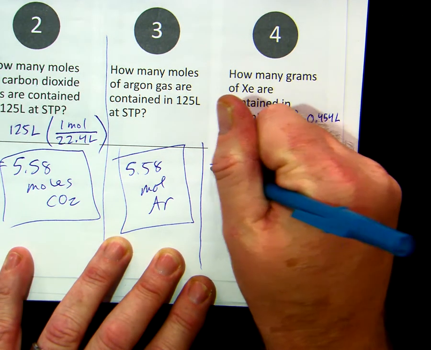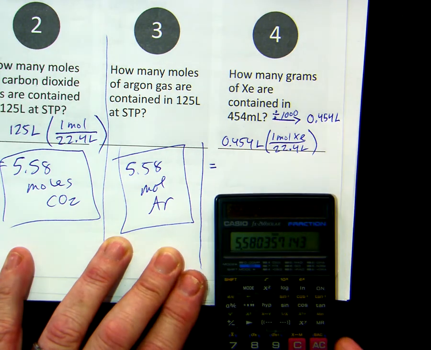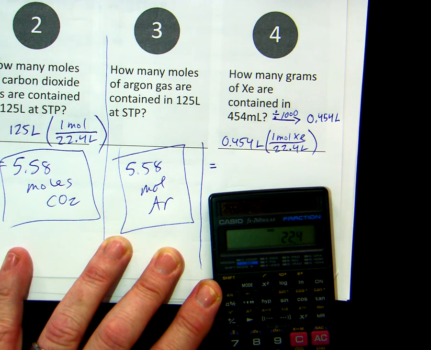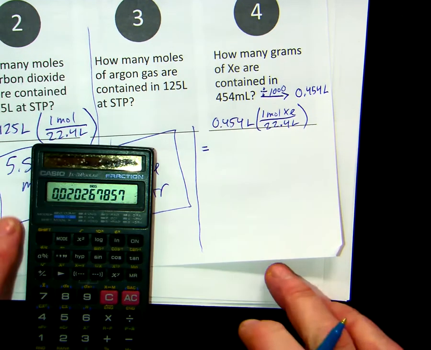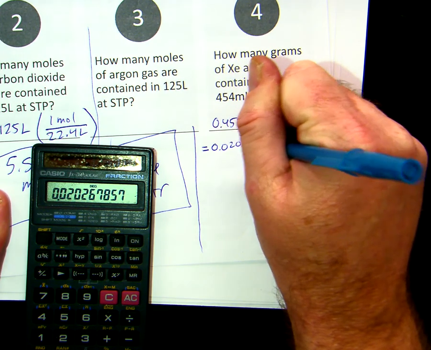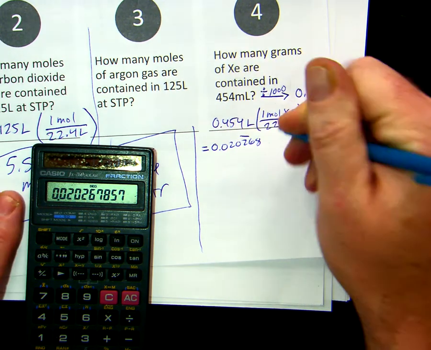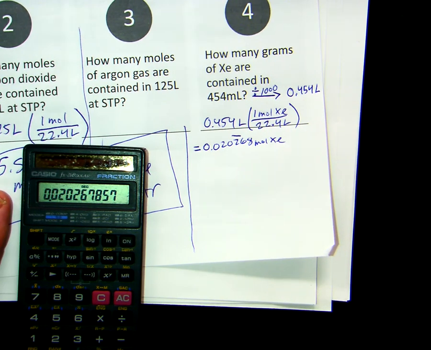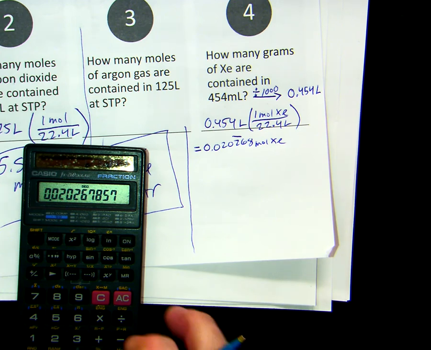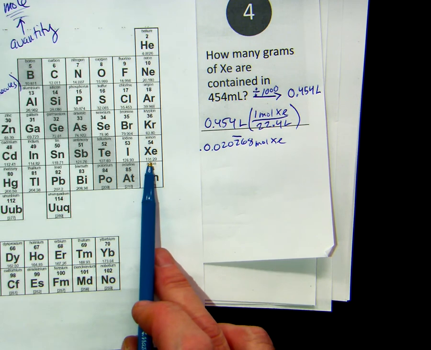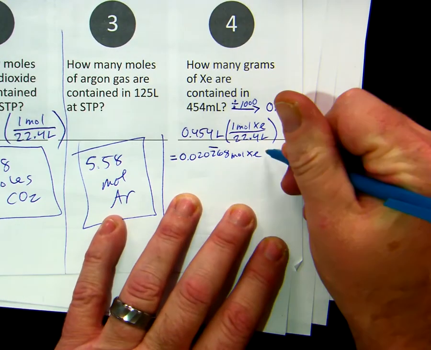All right, so this solves for moles of xenon, but I'm asked for how many grams of xenon. Well, I didn't leave that much room, so let me just go ahead and solve for the moles. 0.454 divided by 22.4. According to my calculator, I would have 0.020268 moles of xenon. All right, but I need grams of xenon. The relationship between grams and moles is always here on the periodic table, so 131.29. So this is how many moles of xenon I have.